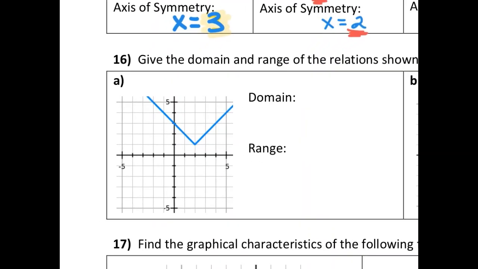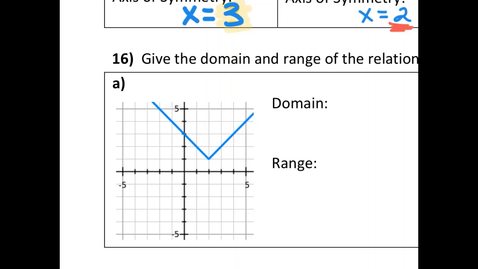Now, in number 16, we have an absolute value function, and we're asked to give the domain and the range. Remember, and this might be a little bit of a trick to help you, that your domain is always going to be the number on the left first and then the number on the right, and that your range is always going to be the number at the bottom first and then the number at the top.